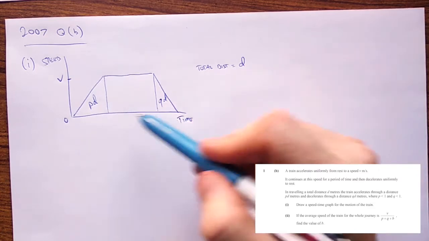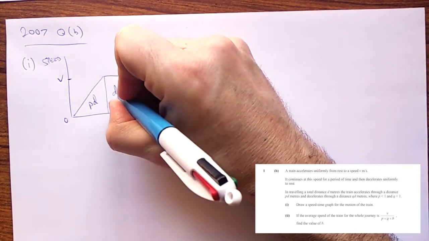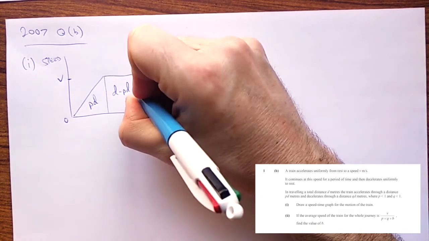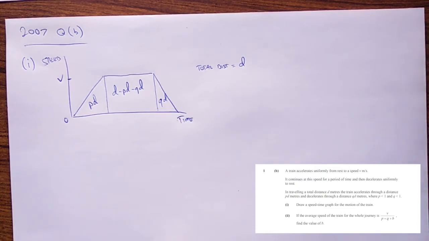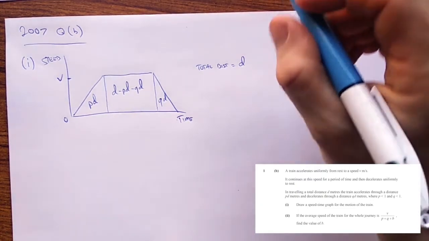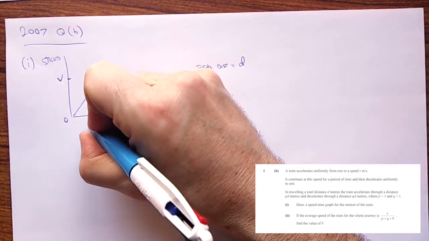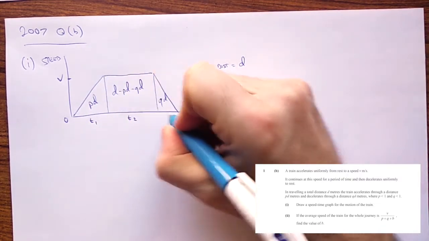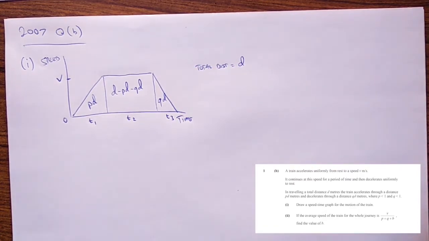So these are just fractions of d. And the total distance here, well, this one is going to be d minus pd minus qd, because they all have to add up to 1. Now that's our speed, distance, time graph pretty much done. We're going to put a few little things here, t1, t2, and t3, because we'll need those later on. Part 1 sorted.